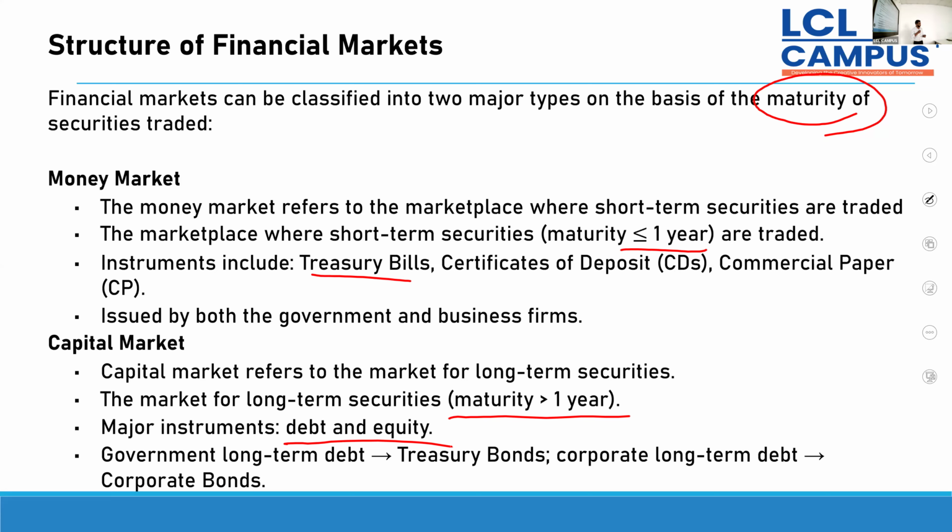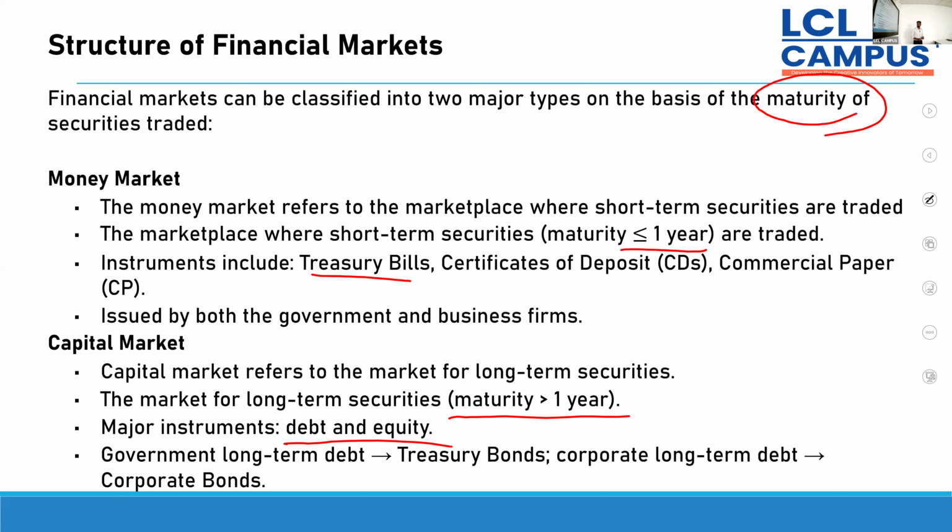So what are the equity instruments we trade in capital market? Share. Yes, ordinary shares, preference shares, those are the equity instruments. Then what are the debt instruments? No, sale of assets does not come under equity.